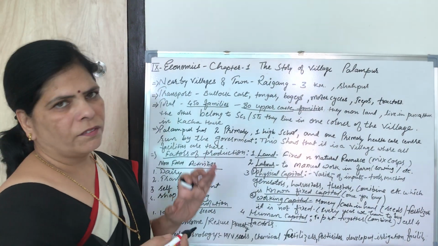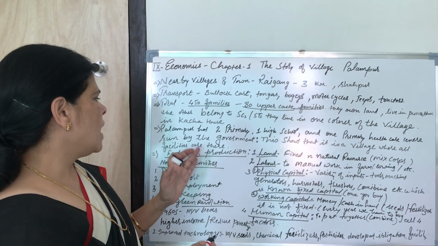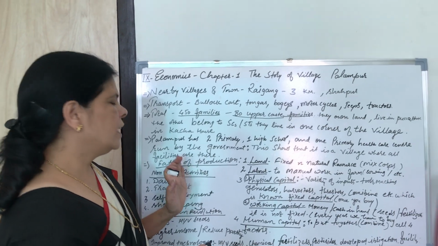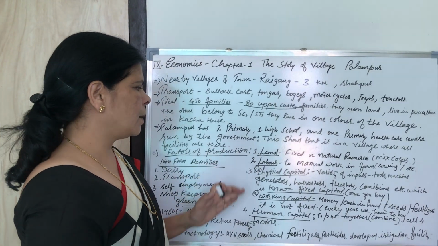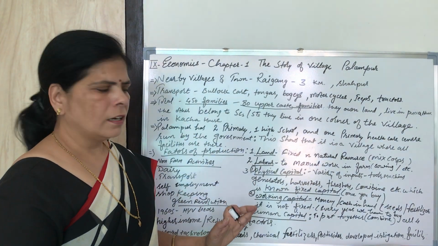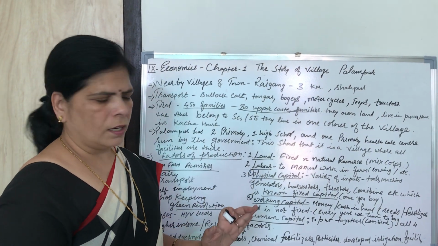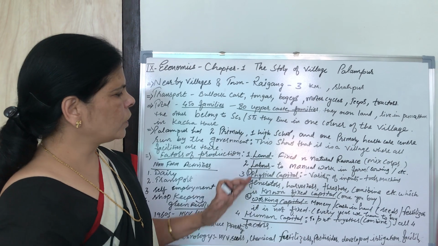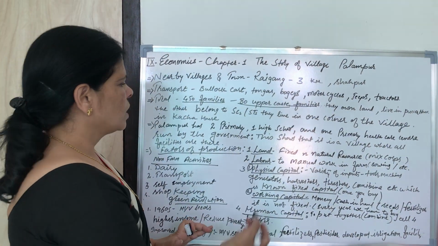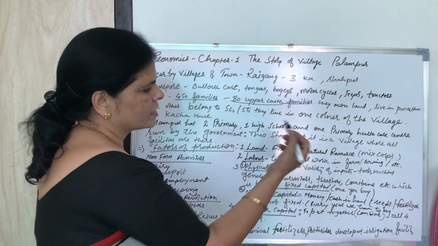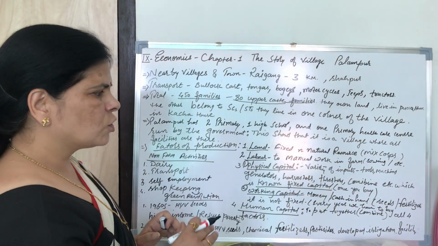Now, whenever we require any result, in any organization, some factors of production are there, which we have to put together for the desired goal. The first one is land. Fixed land is a natural resource.